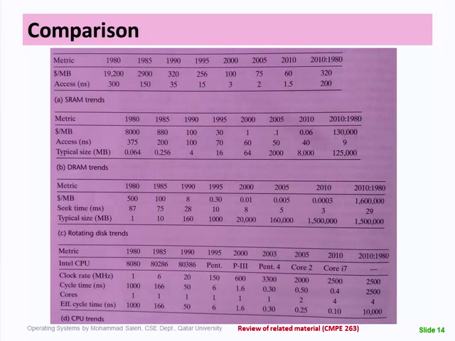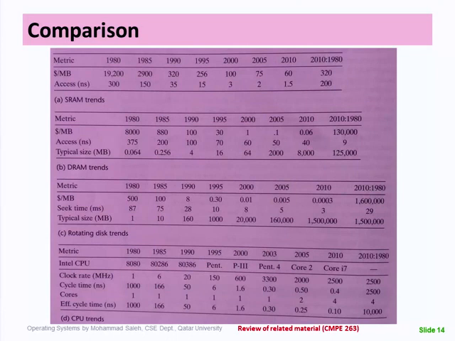Here, we are recording, for example, the cost of the SRAM for every megabyte. In the 1980s, it was 19,200. That's very expensive. And in 2010, it is only 60 for 1 megabyte of SRAM.